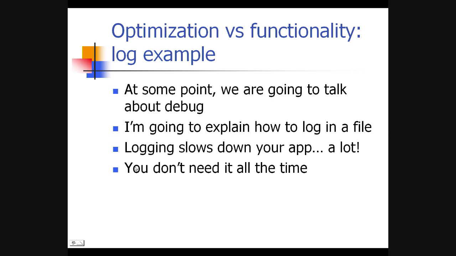If a flag is set, then log. If you do that, you don't log when you don't need it. And if you need to see what's going on, you can just turn on a value in an INI file, for example, and you start logging. So that's a good way of doing things that doesn't slow you down, at least not a lot. And you still have the functionality.